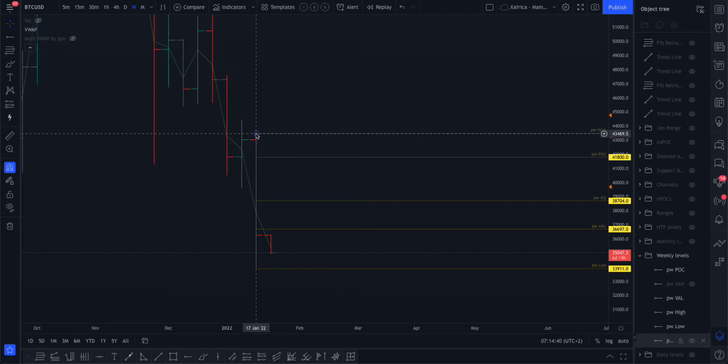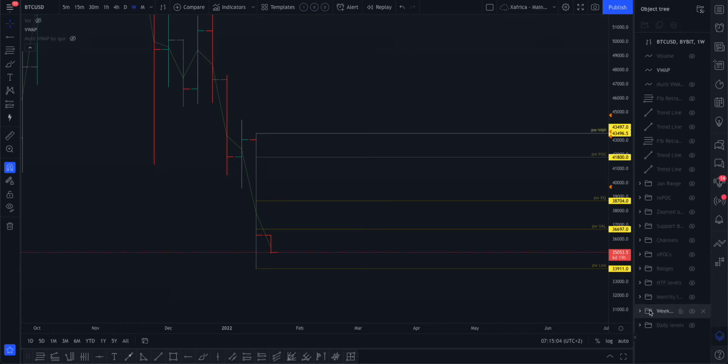See if the previous week high is 43469. Yeah, so the value area high is slightly higher. I'm not really sure how that works, but anyway, it's one level. It's quite far off for now, so let's just accept that. So you've got the previous week high, 496, is one level, and 497, both of them.